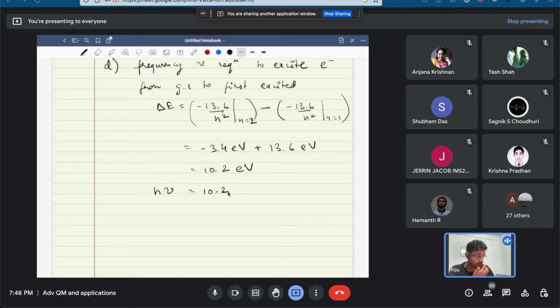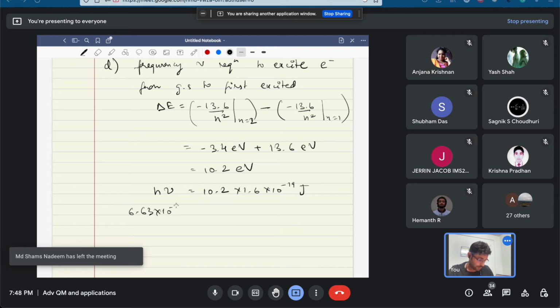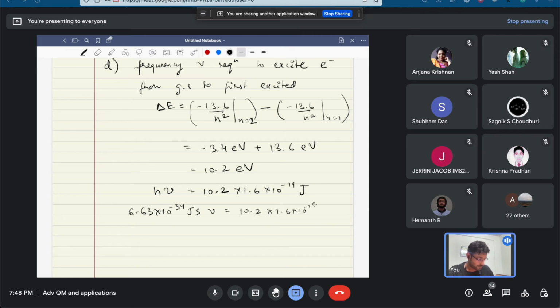One eV is 1.6 times 10 to the power minus 19 joules. H, you are all familiar with Planck's constant. If you just solve it, you will get something like 2.46. It doesn't really matter what you get, you get something of this order.